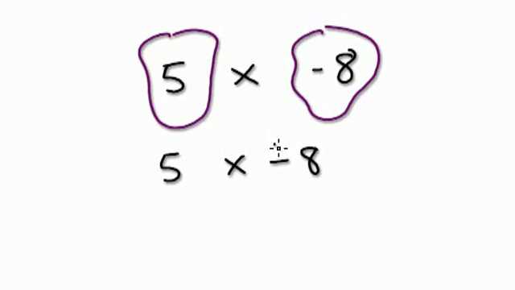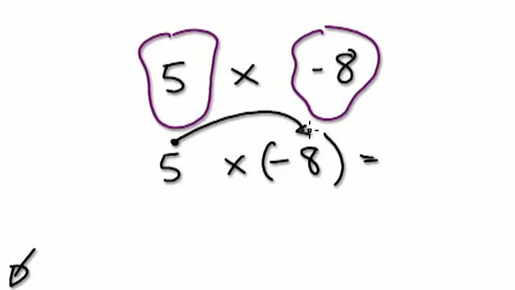That looks really confusing. So we would use the brackets here, just to say that the minus belongs to the 8. So it's 5 times (minus 8). What is that? So press pause and have a go. So here you just get 5 times 8, which is 40. And because there's only one negative here, the answer would be a negative 40. Okay, so that would be our answer.